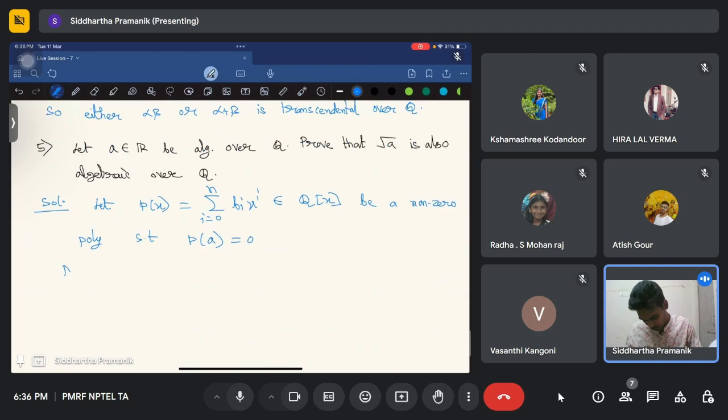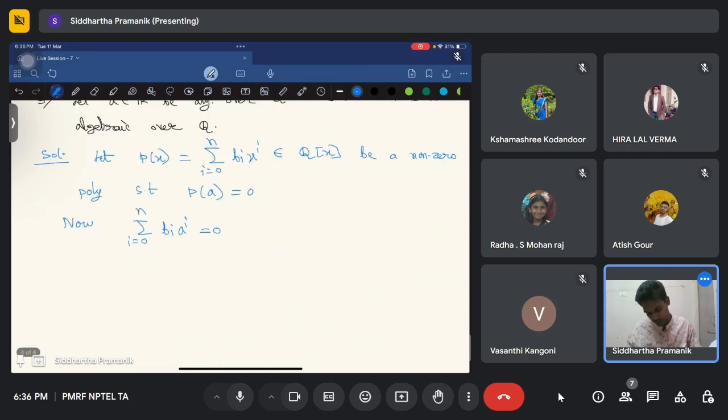So now, summation b_i A^i, i equals 0 to n, is 0, right? This you can write as summation b_i (square root of A) to the power 2i, i equals 0 to n. This will be 0.